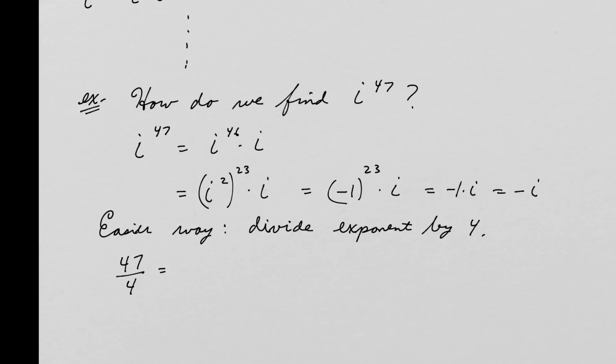What does that equal? Well, it's going to equal 11, because 4 times 11 is 44, and there's going to be a remainder of 3. Now, the remainder is what's going to give you the correct answer, okay? So I'll say the remainder will give the correct answer.